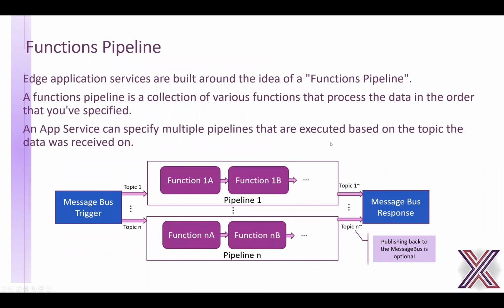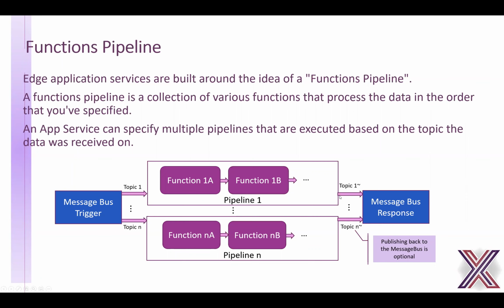So application services are built around the idea of a functions pipeline. So pipeline functions are small pieces of work that process the data and then pass it to the next function. So in this diagram, you see the message bus trigger passes the data to function A first, and then does some processing transformation, passes to function B, and so on.